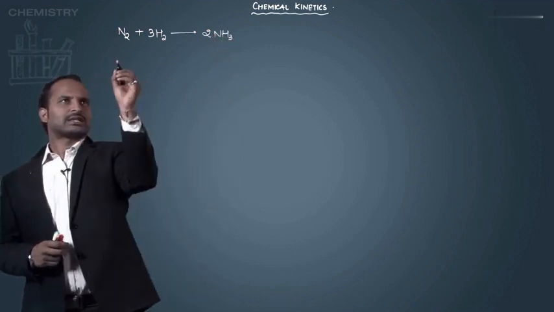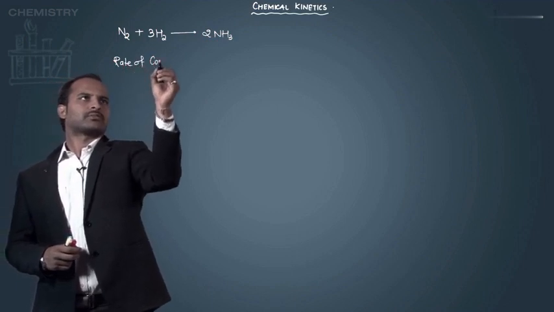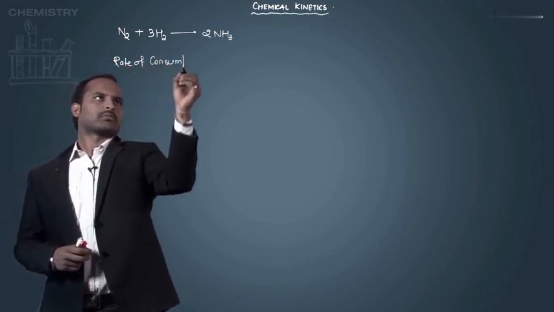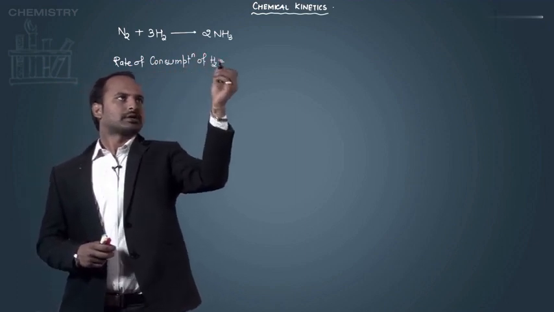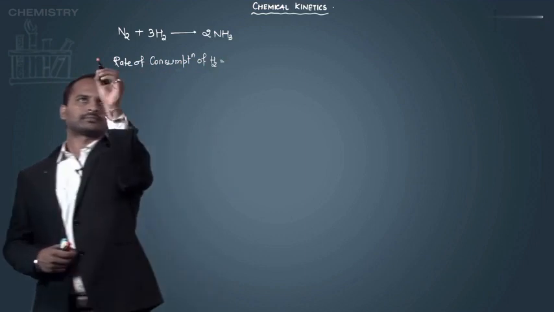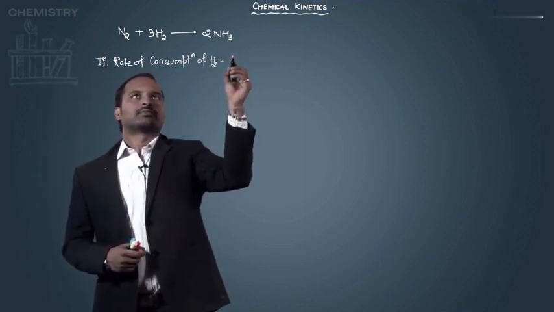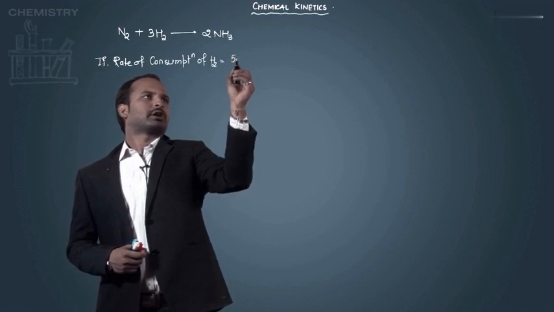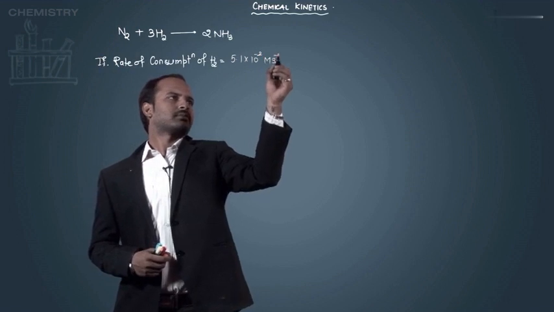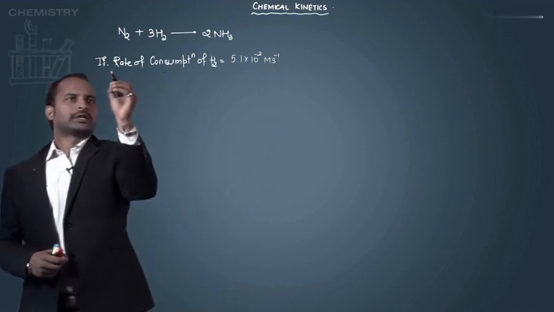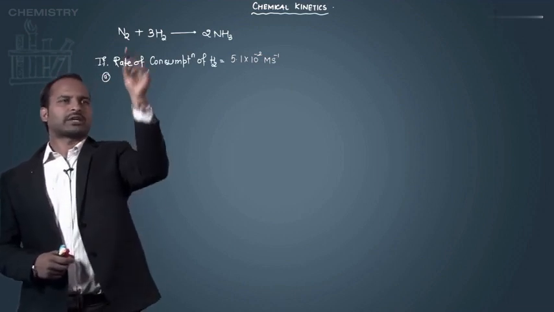The question is asked like, suppose the rate of consumption of hydrogen is 5.1 into 10 raised to minus 2 molar per second. Then question number A, what is the rate of consumption of nitrogen?